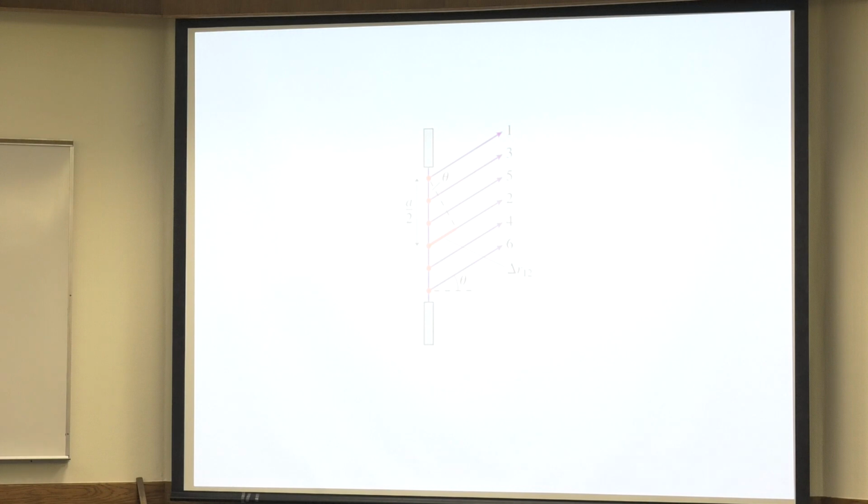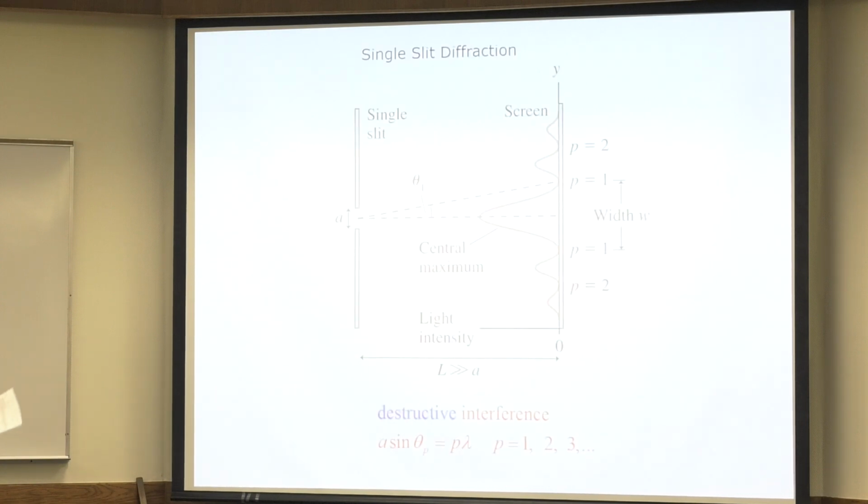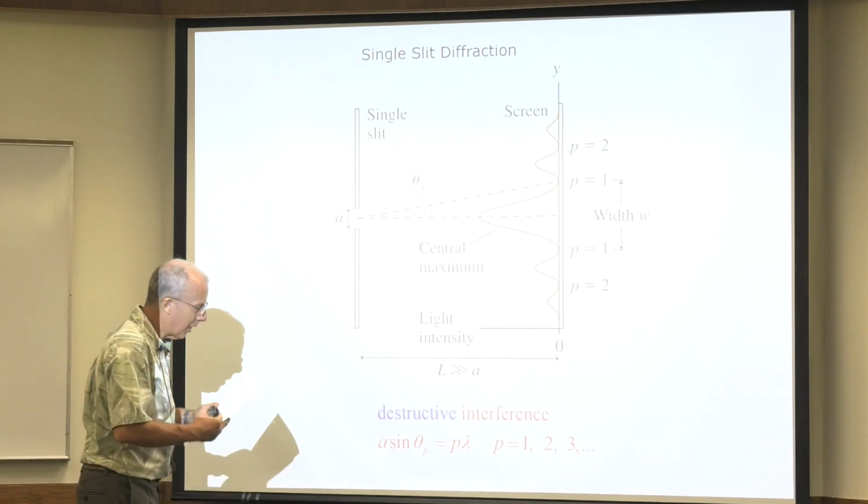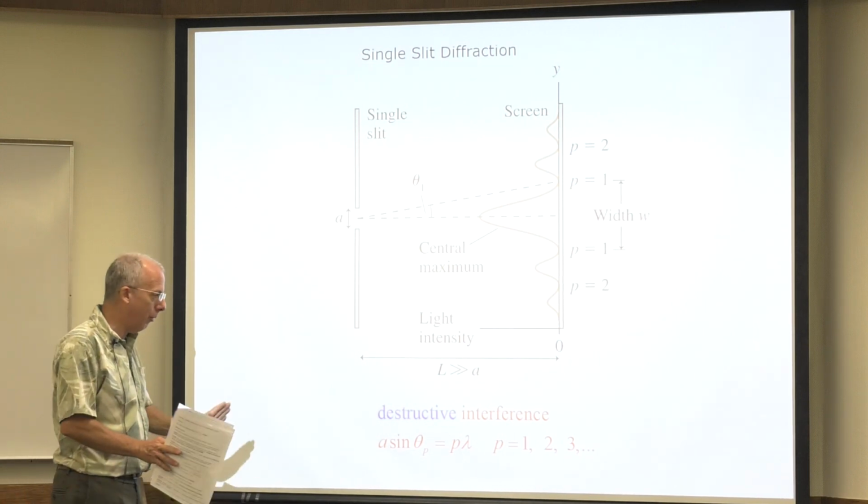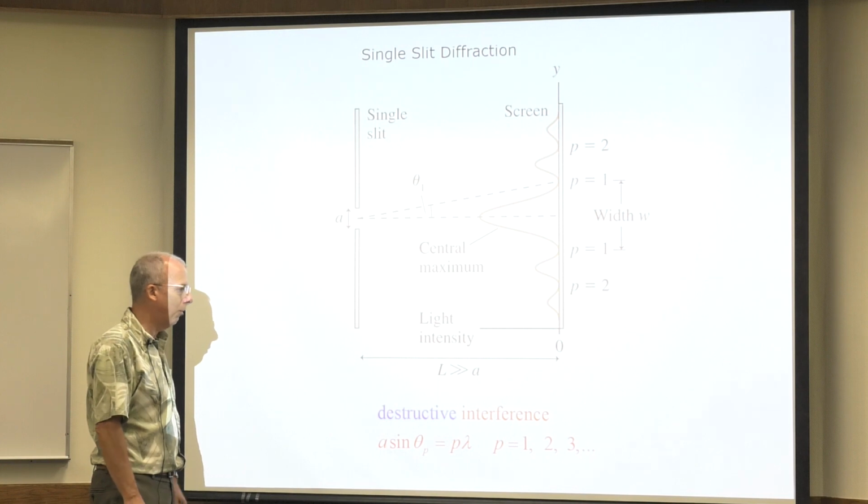So now there are path differences. So we're going to use similar logic that we use for double slit, parallel rays and different path lengths and the whole bit. And this is going to be our result. Now, when we did this in the past, we also had the equation for constructive interference. Well, here, again, we're skipping a ton of math, and we're making it relatively reasonable.